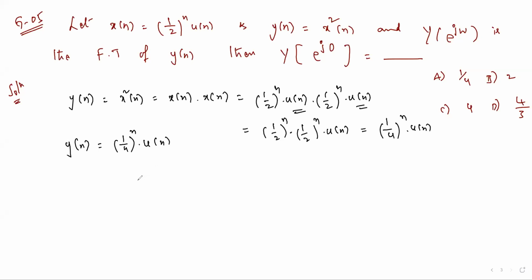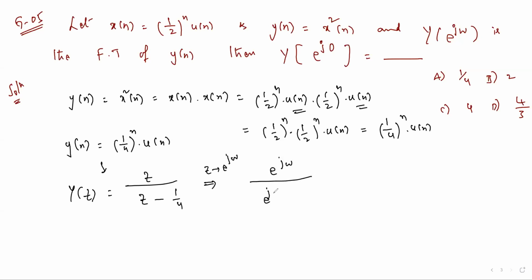Then what is the question asked? It is y of e to the power of j0. From this, you know y of z is z upon z minus a. That implies, replacing z with e to the power of j omega, e to the power of j omega by e to the power of j omega minus 1 by 4. For the discrete time Fourier transform, we got this expression, and we are asked for e to the power of j0.